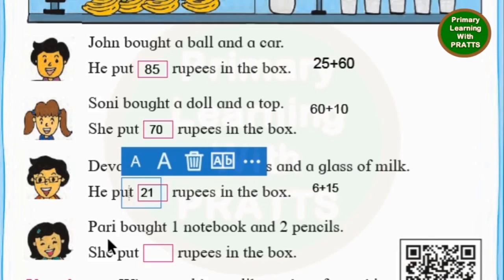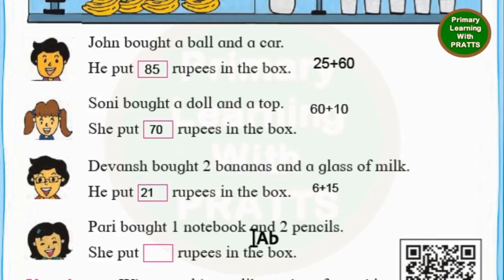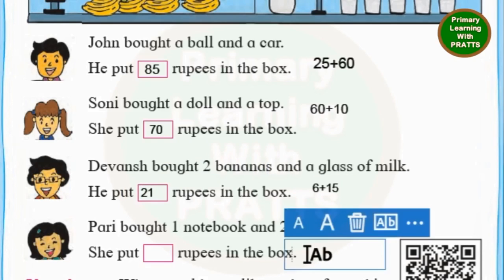Next one. Pari bought 1 notebook and 2 pencils. Now again, 1 notebook costs rupees 20. So we will write over here rupees 20 plus how much do pencils cost? Again, 1 pencil costs rupees 7. So 2 pencils will cost 2 into 7, which is 14.